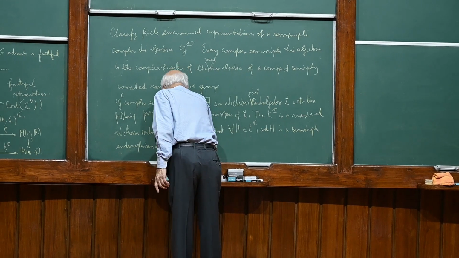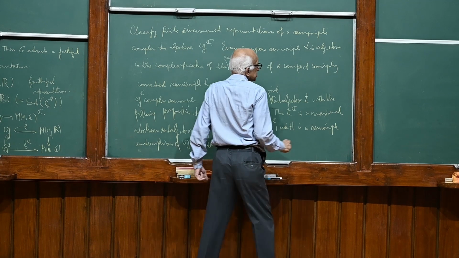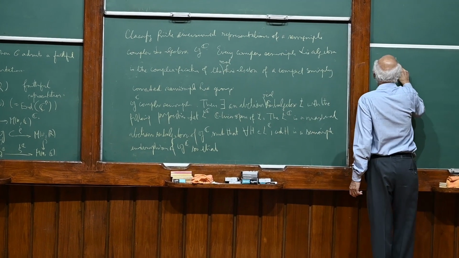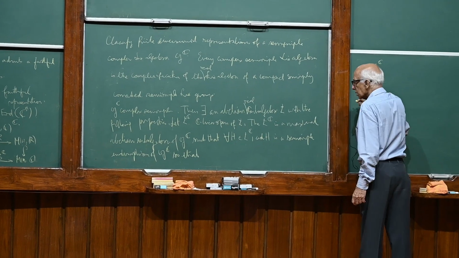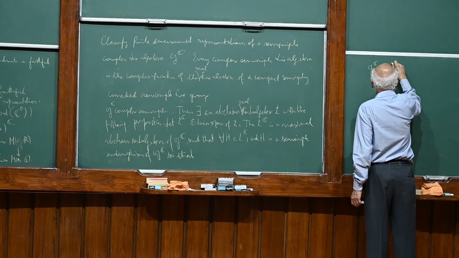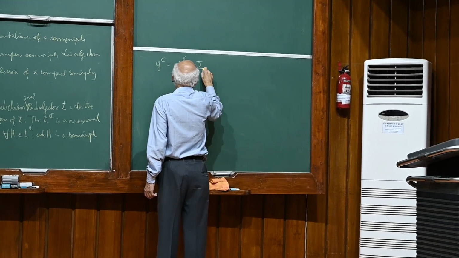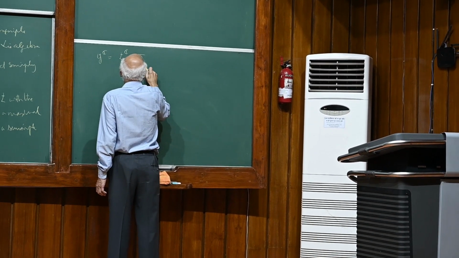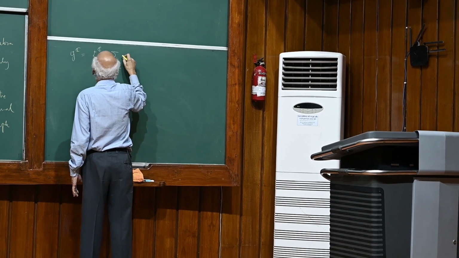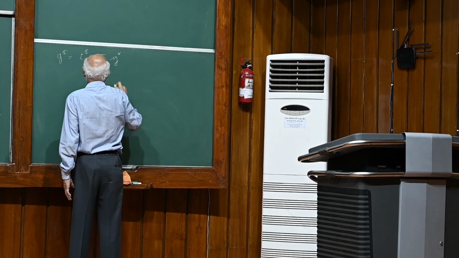So that G_C becomes the direct sum of T_C plus the sum over alpha in Phi of G_alpha.